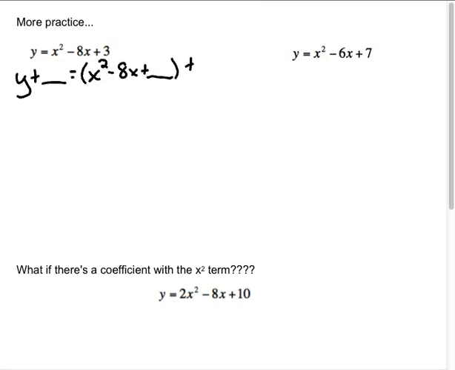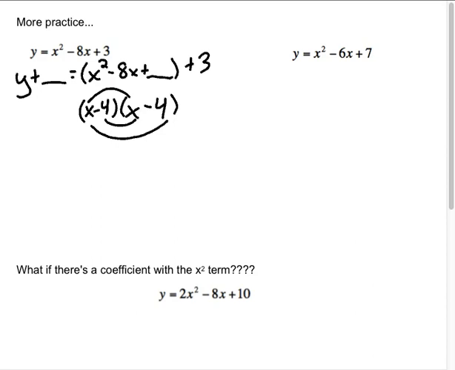And then right now, I just really don't care about that 3. That constant that's already there, I just set off to the side for later because I care about those x's. I need to figure out how I can get these to be two of the same thing. Well, x and x, obviously, to get that x squared. But then that negative 8x has to split itself in half in order for those to become the same parenthesis.